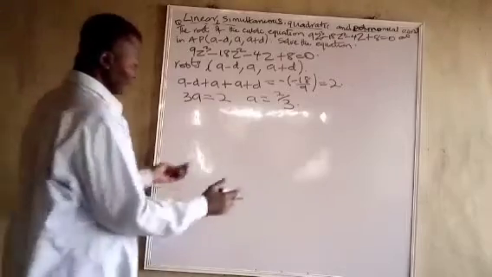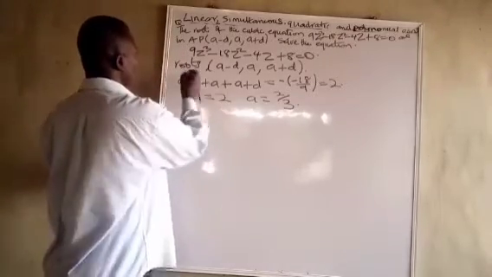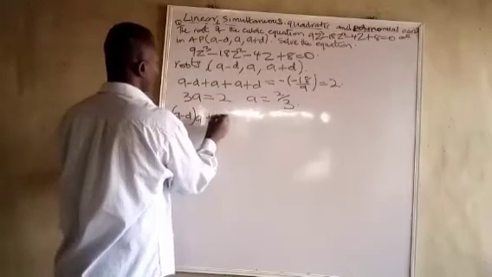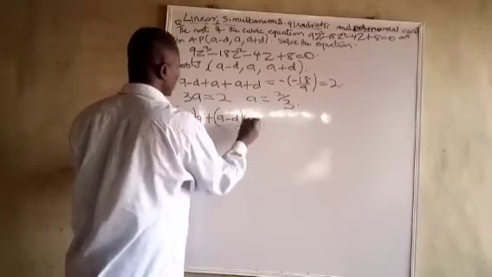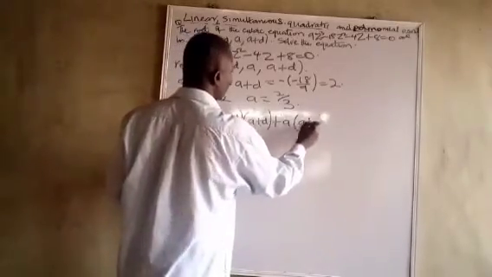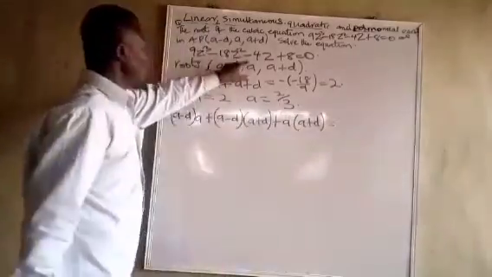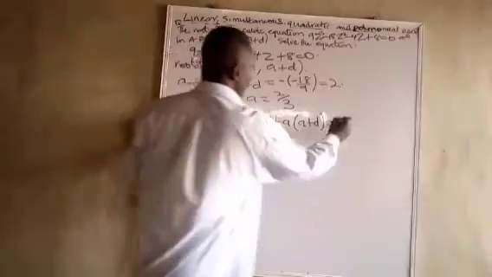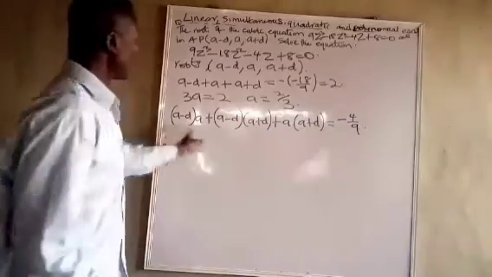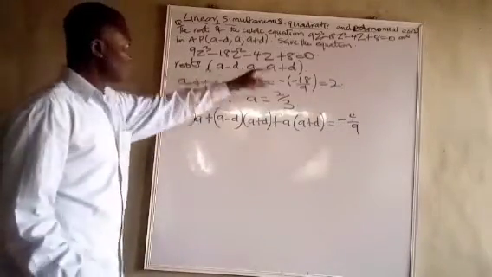Now we also have in pairs, that is a minus d into a, plus a minus d into a plus d, and a into a plus d, is equal to minus 4 over 9. And the product of the three roots will give us this.